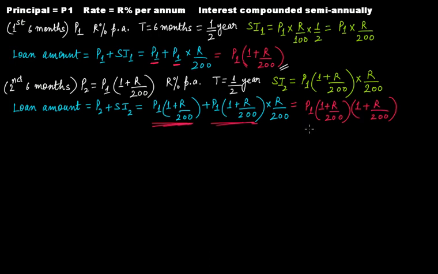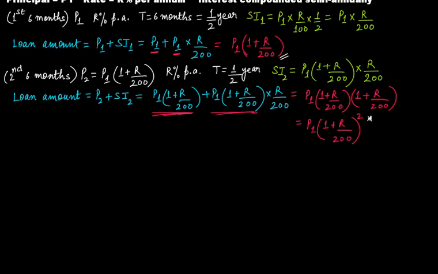Now this can be written as what? This can be written as P1 times 1 plus R by 200 squared, because these two are the same. 1 plus R by 200 multiplied by 1 plus R by 200 is squared. Now this is the loan amount for the second conversion period, that is at the end of the second period of 6 months. This loan amount will be the principal for the next period of 6 months.